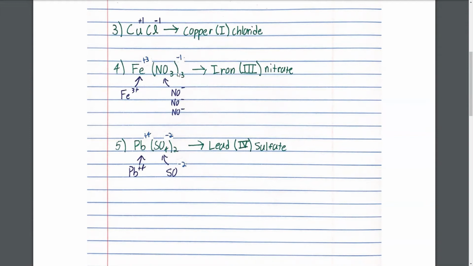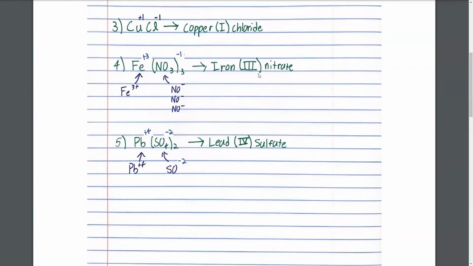Since it's in parentheses with a 3 on the outside, that signifies three nitrates. So 3 times 1 would be a total charge of 3, which means iron would need a 3+ charge to balance out the compound. So that's iron(III) nitrate.